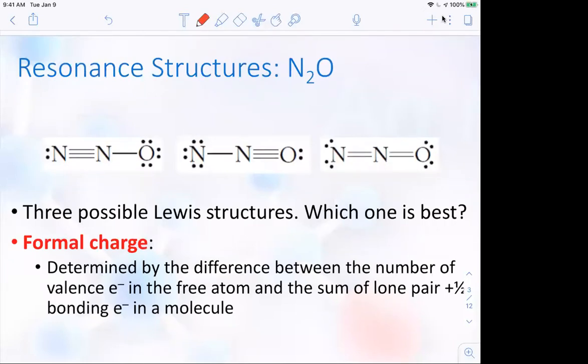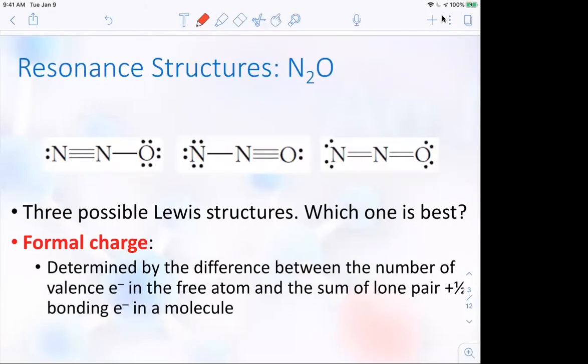The formal charge is determined by looking at the difference between the number of valence electrons in the free atom and the sum of the lone pair electrons plus one half of the bonding electrons in a molecule. If those two numbers don't agree, then that atom is going to have a formal charge.